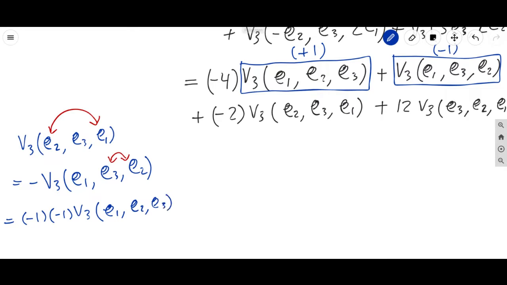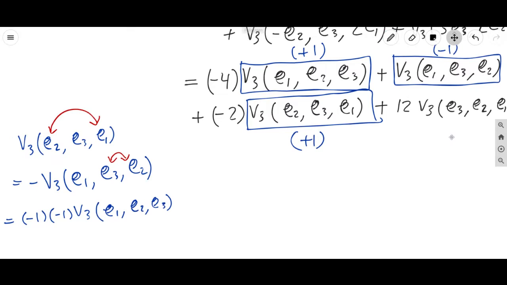So you see that here you have to do two flips to get it back to the original order. And because you're doing two flips, you have two negative signs. So that means the correct sign is +1. It's the negative of a negative. If you have an even number of flips, that's going to be a positive. So this is going to be +1.